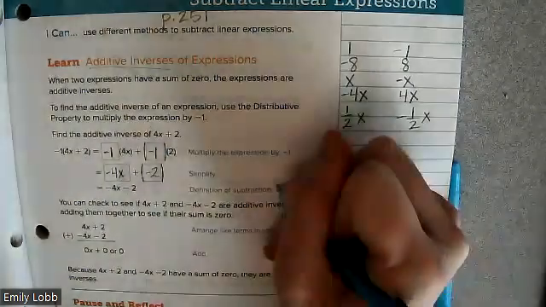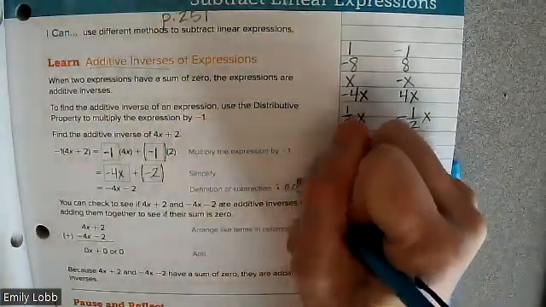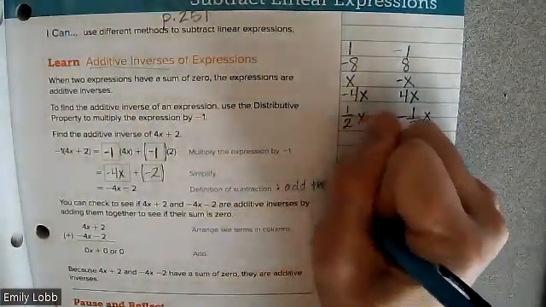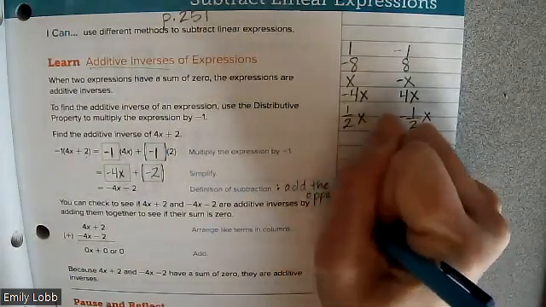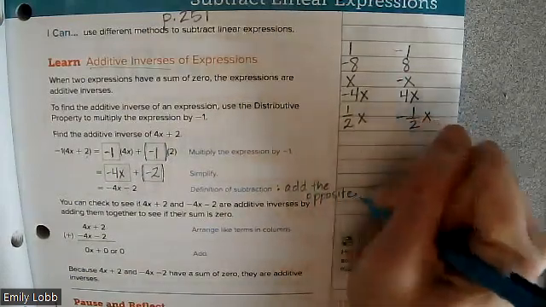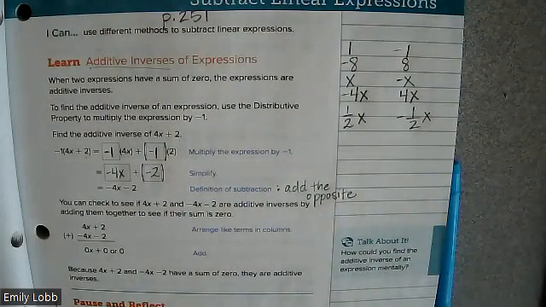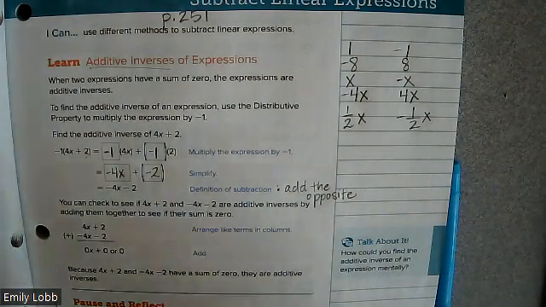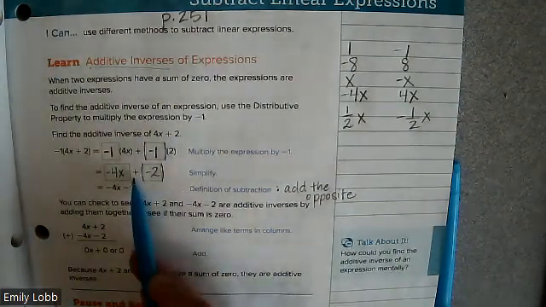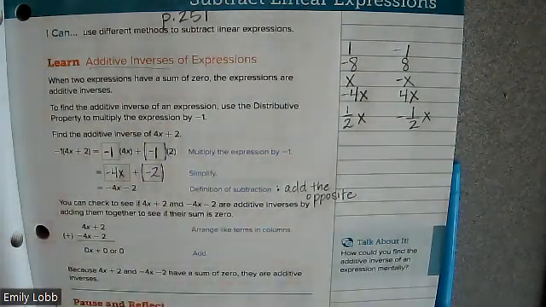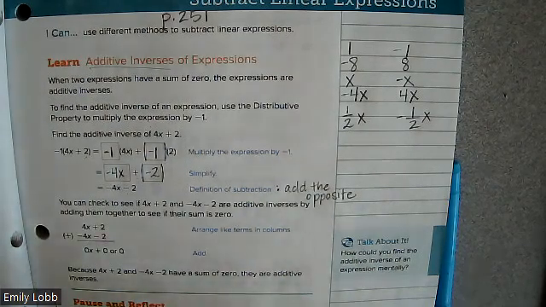So the definition of subtraction is really add the opposite. Okay, so that's what they use to get rid of that plus sign there. That's all. They're just telling you why they can do that. Sometimes they use big terms.